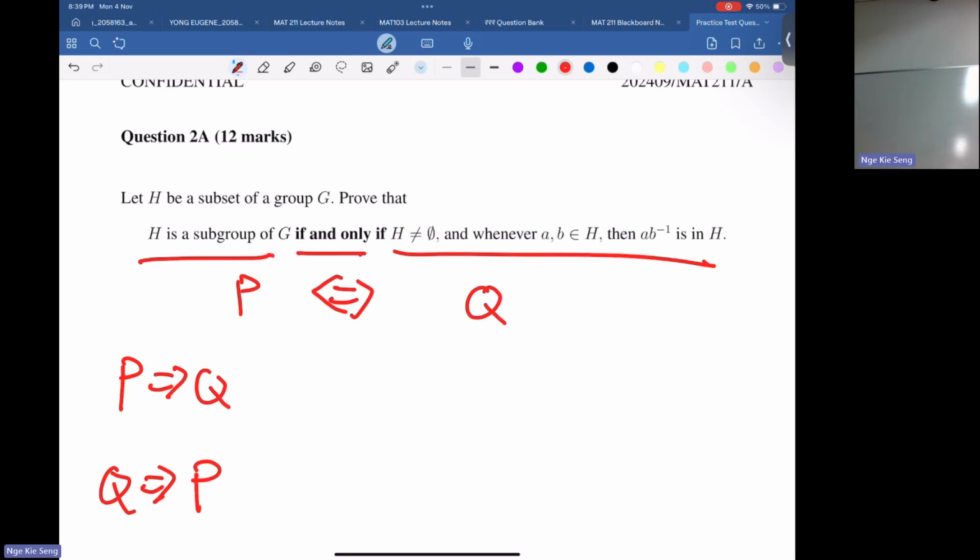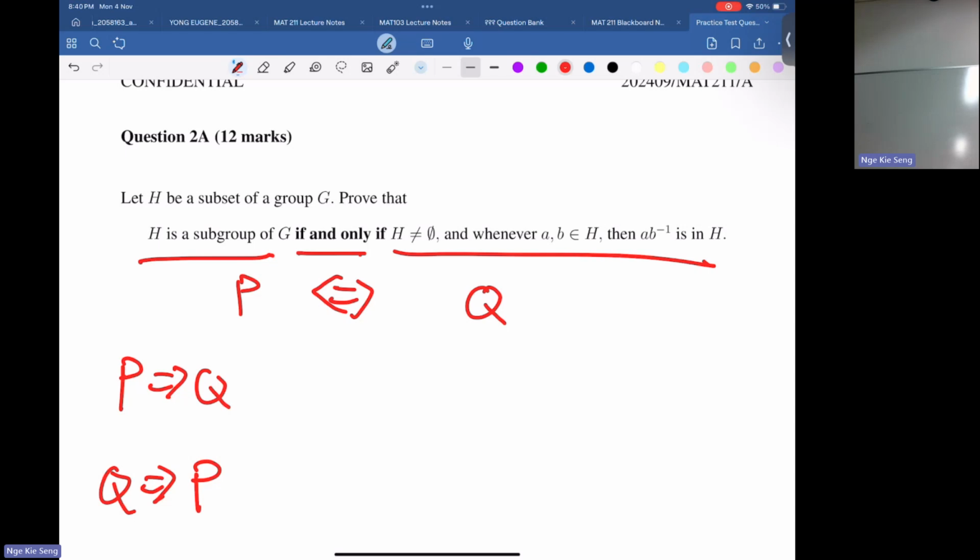For Q to P, what do you need to prove? Identity is in there. How do you find the identity? And then how to prove inverses, and how to prove closure, only from this AB inverse in H. Let's do identity first.